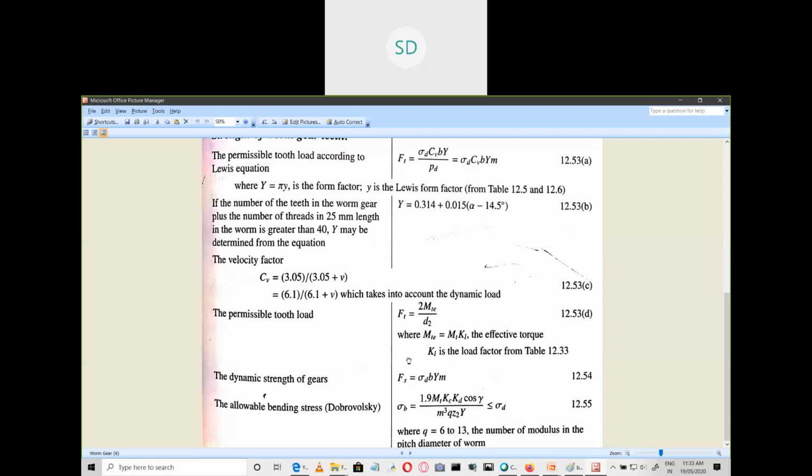Okay, so for worm gears, there is no equation for the dynamic tooth load here.